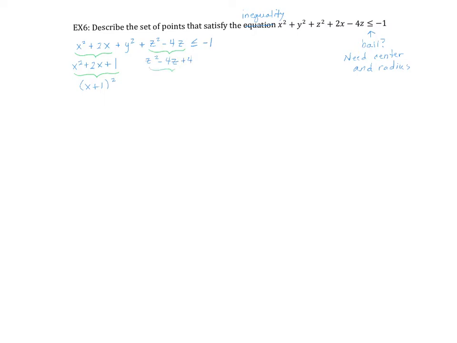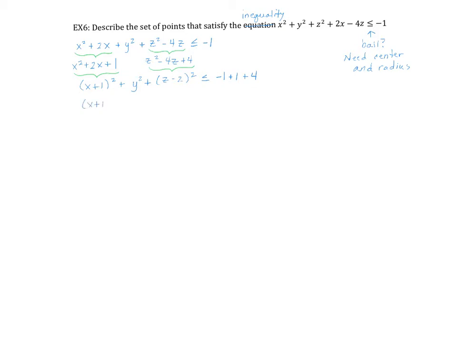And once I add 4, this becomes z minus 2 squared. But I have this y squared, and this is less than or equal to, I have to remember, if I add 1 and I add 4 to the left-hand side, I also have to add 1 and 4 to the right-hand side, so the inequality is unchanged. And now I'm done.